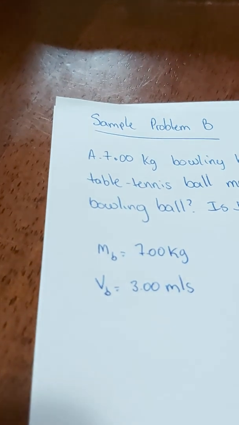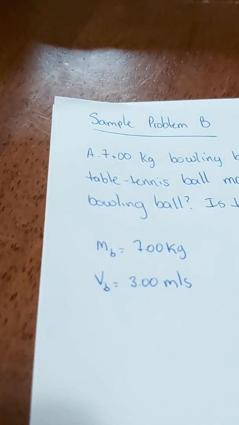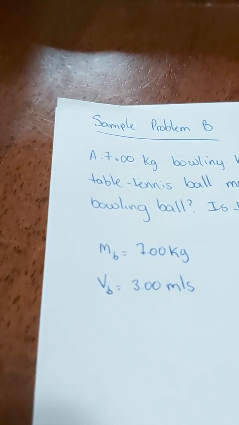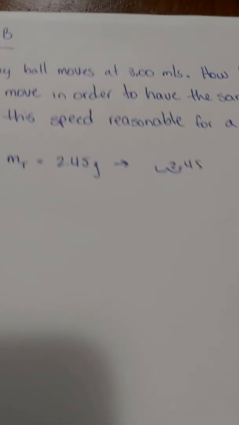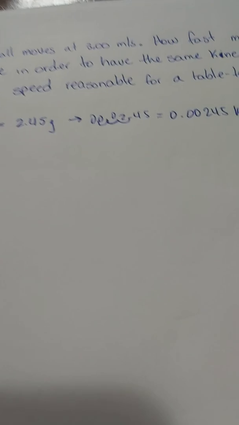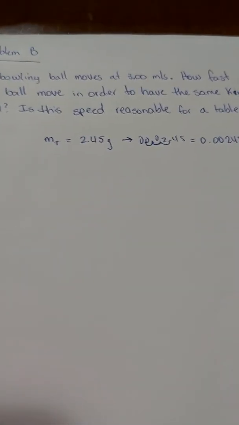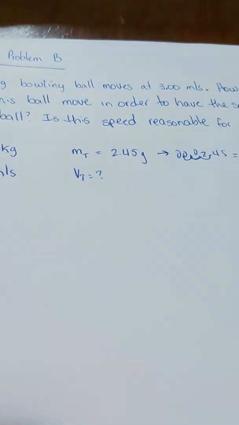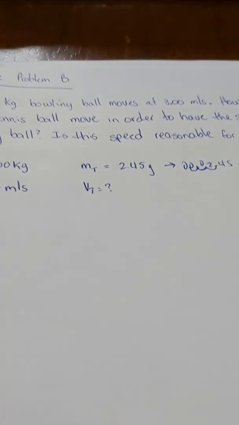So this is equivalent to 2.45, moving the decimal 1, 2, 3 places, equals 0.00245 kilograms. Okay, and we have to find the velocity for this table tennis ball.